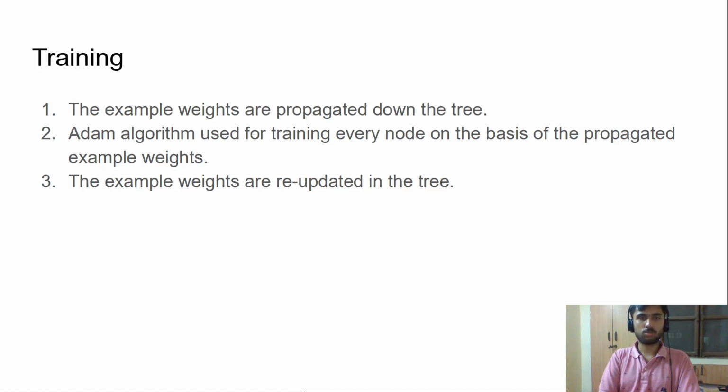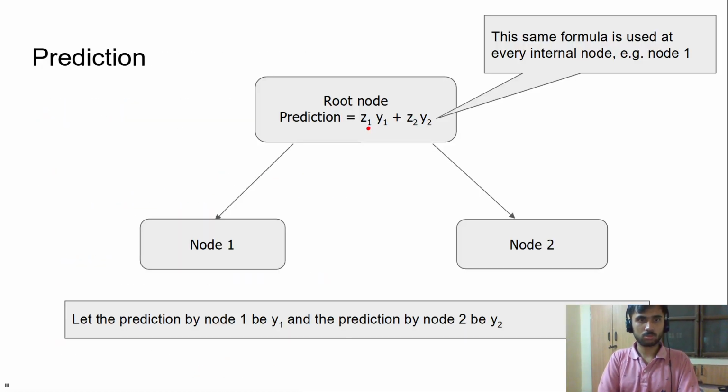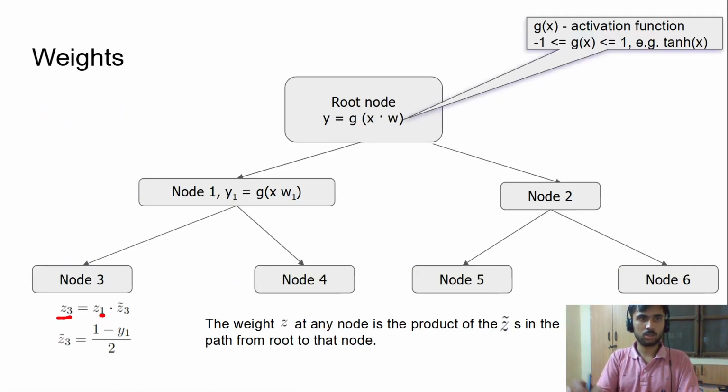In order to train the sparse oblique tree, the example weights are propagated down the tree. This is done in the manner that is shown here. z1 is calculated using y. Then z3 is calculated using z1 and y1.